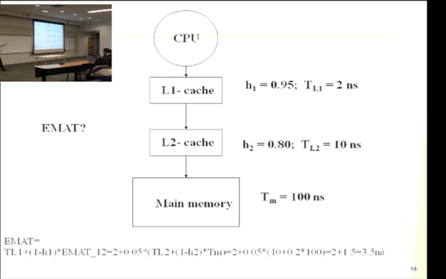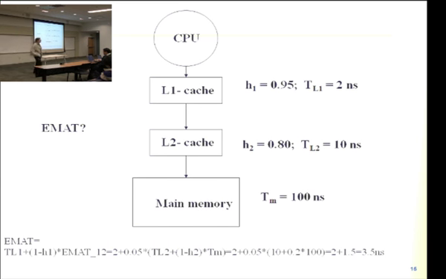And because we don't have a further level, it's only main memory, then it's times Tn. So this total AMAT would be T1 plus (1 minus H1) times (T2 plus (1 minus H2) times Tn). And after some math, we get 3.5 nanoseconds.